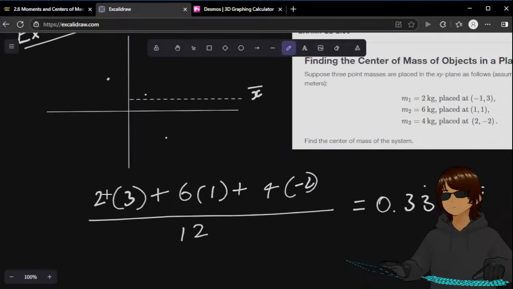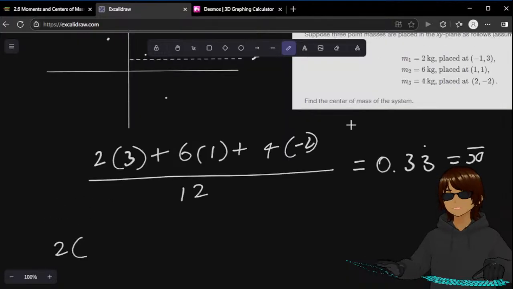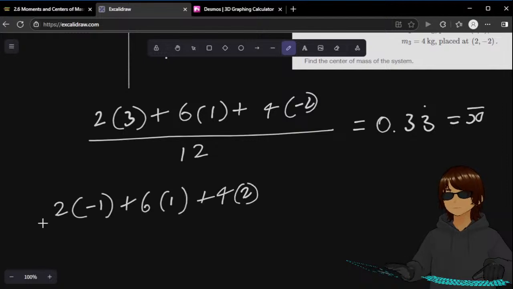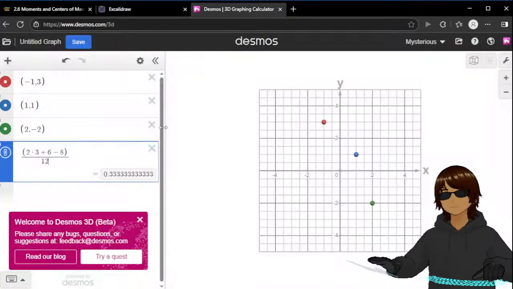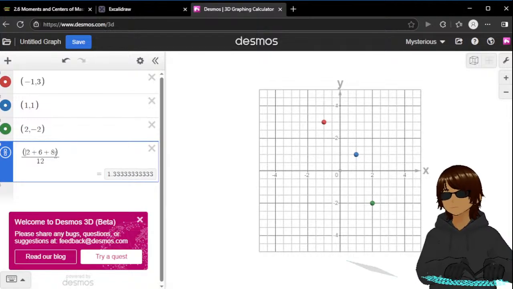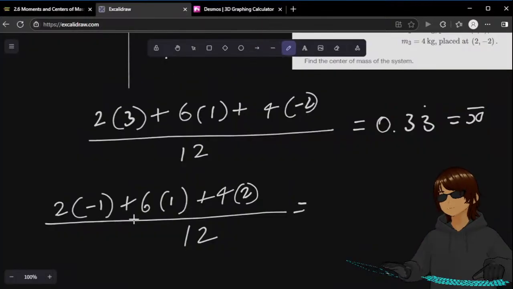Now for the balancing y point: -1, 1, and 2. 2, and then 6. 4 times 2 is 8. 14.